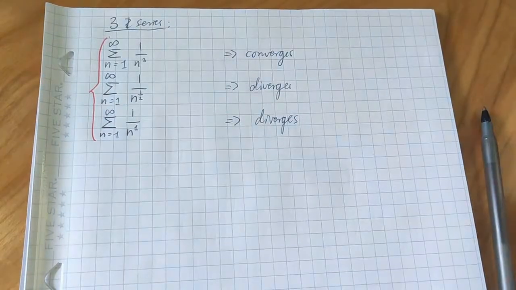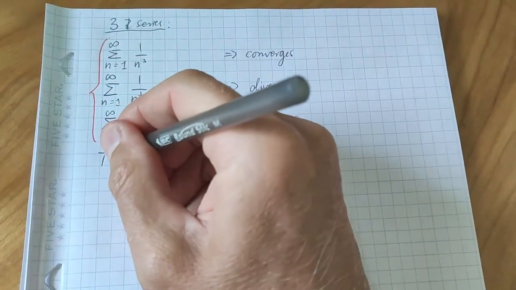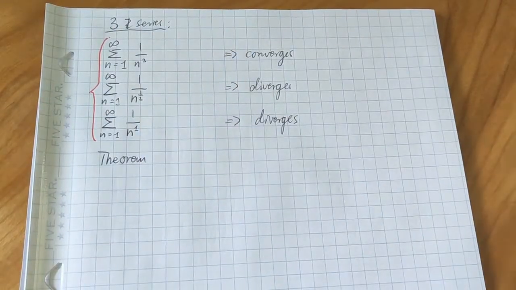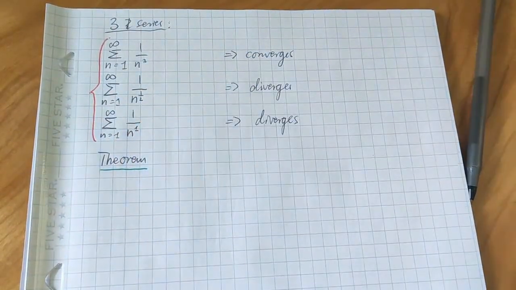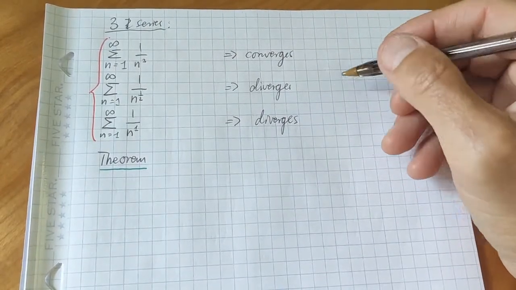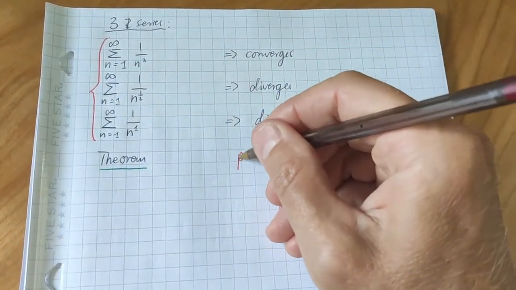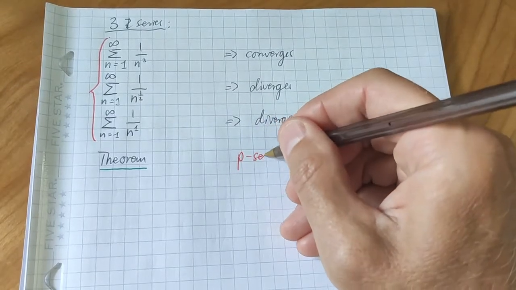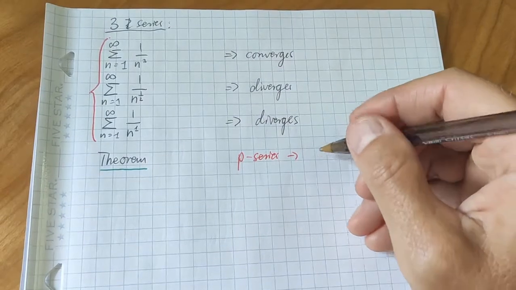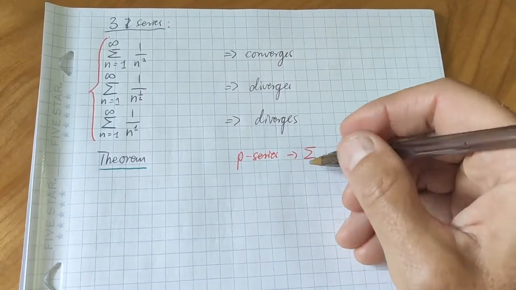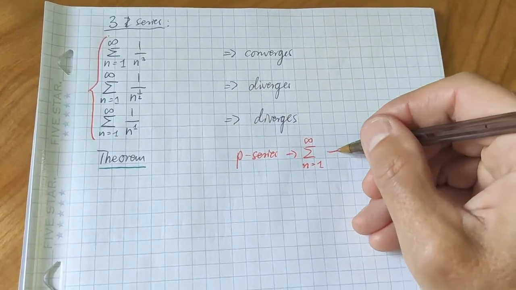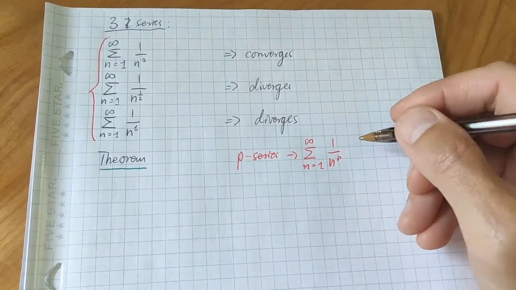Let's write a theorem about p-series. So p-series look like this. This is a general formula for p-series: n from 1 to infinity of 1 over n to the p.